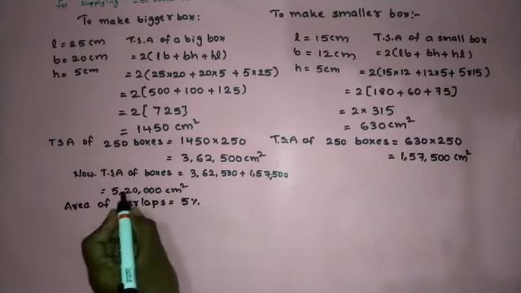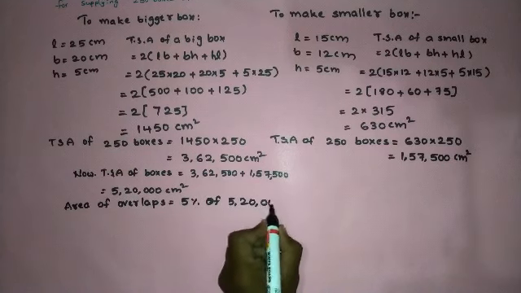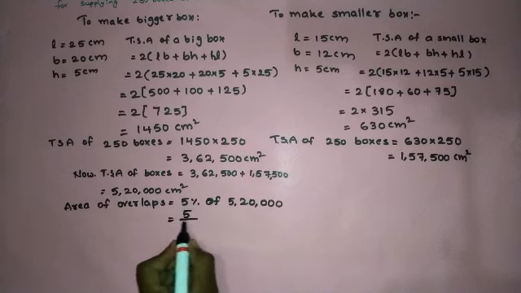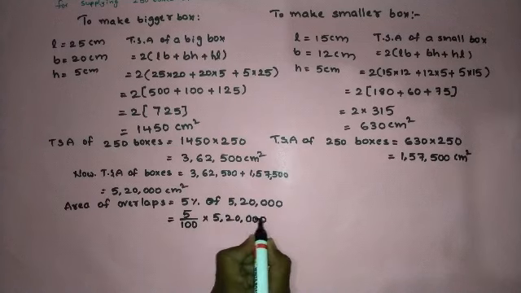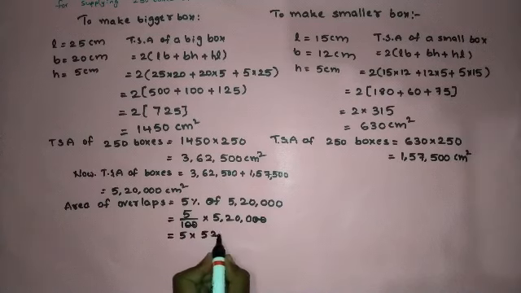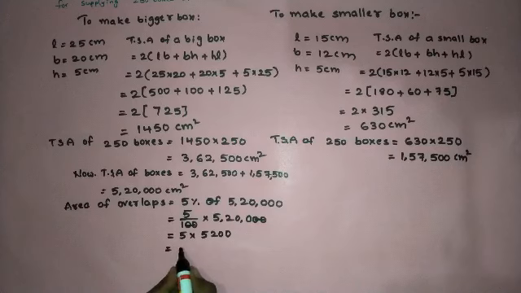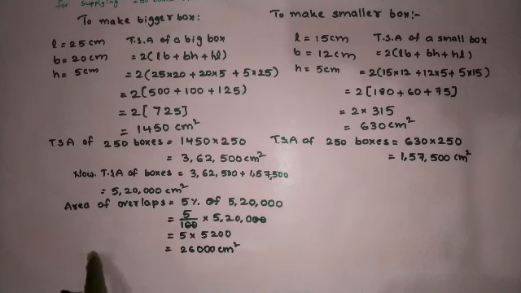So what is the total surface area? 5% of 5,20,000 centimeter square. 5% nothing but 5 by 100 into 5,20,000. 2 zeros cut, multiply it, 5 into 5,200, we will get 26,000 centimeter square. It is the extra required area of overlaps, that is 26,000 centimeter square.